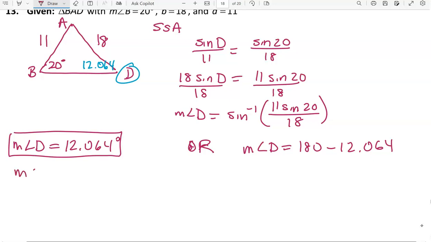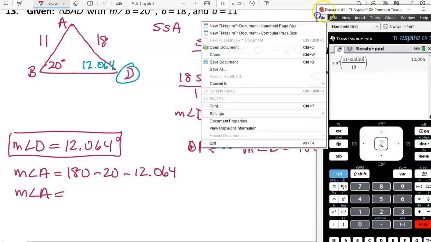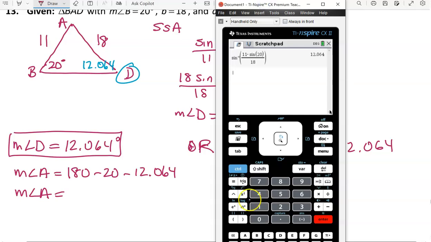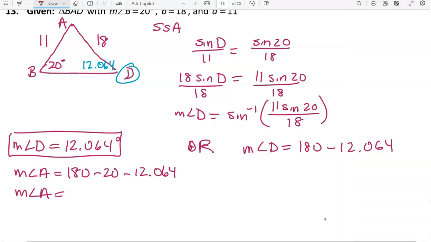So the measure of the third angle, measure of angle A, is 180 minus 20 minus the 12.064. So the measure of angle A is equal to 180 minus 20 minus, and I'll use the answer feature to ensure the accuracy of any subsequent calculations that we make, and that's 147.936.